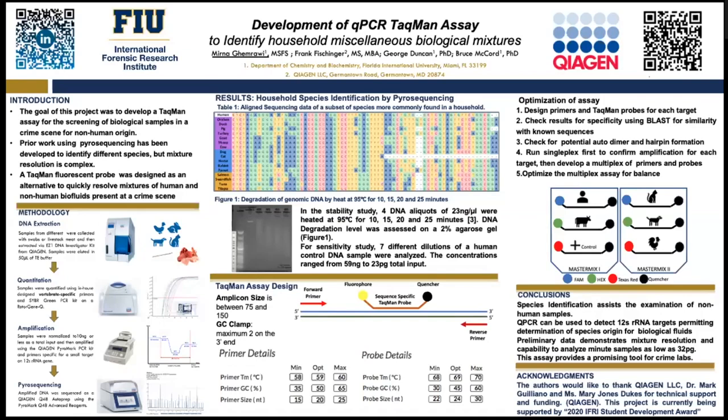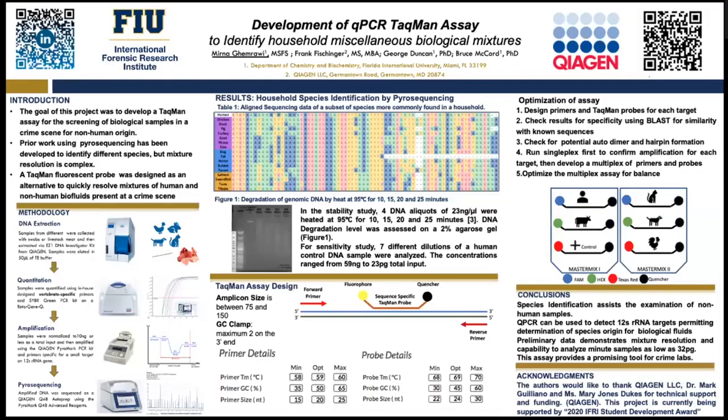I will briefly tell you why we need such an assay in a forensic application. In many cases, a biological sample found at a crime scene may not be human in origin.